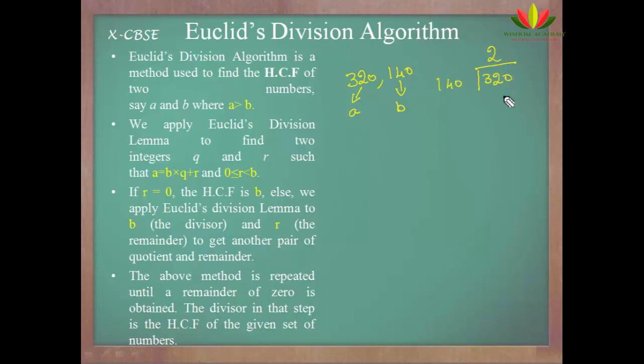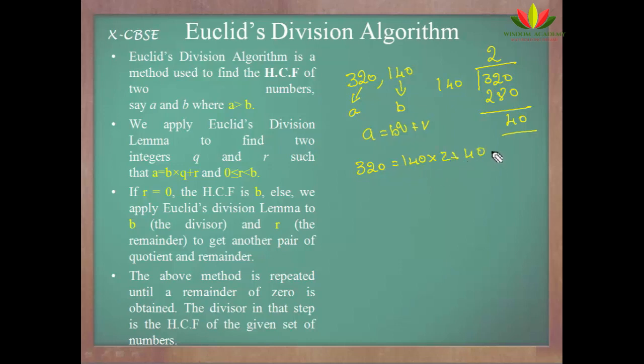So I can write 2s are 280, and what will be the remainder? 40. So I can express this in the form of A is equal to BQ plus R, that is A is 320 which is equal to 140 into 2 plus 40.